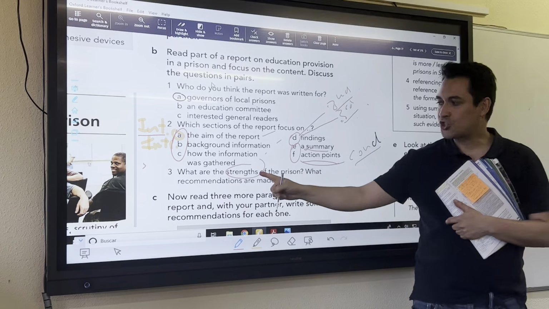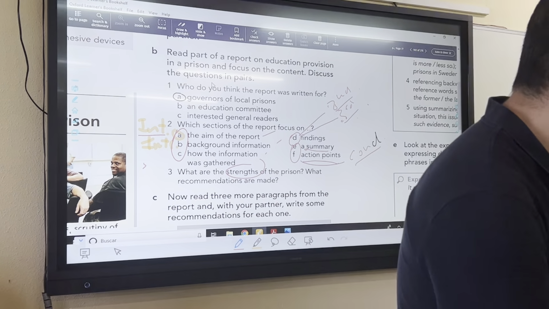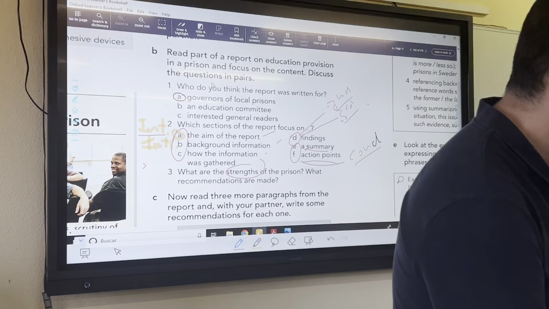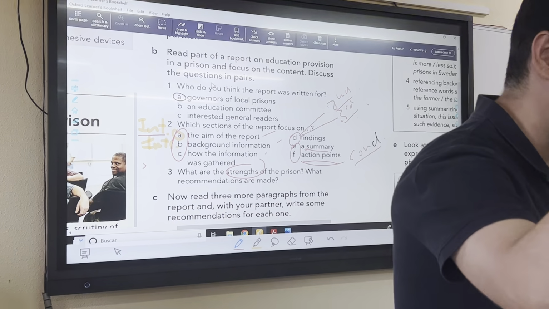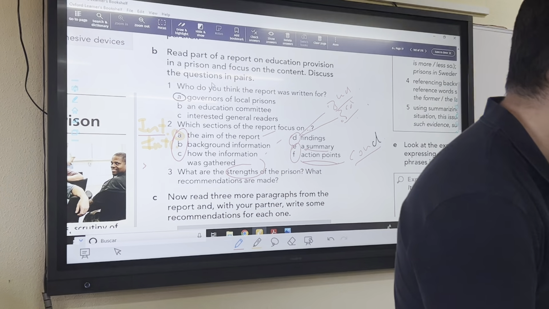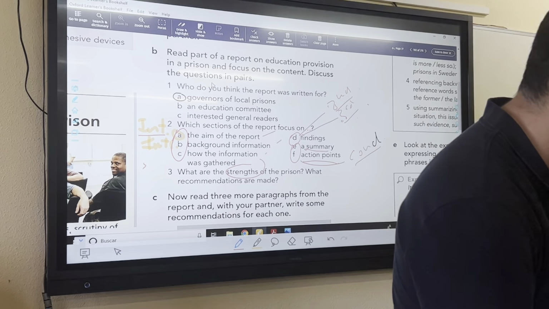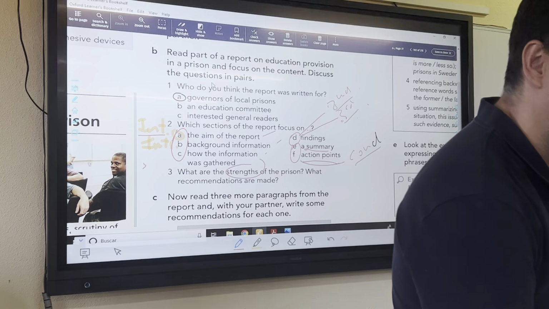strengths of the prison. It provides useful basic and vocational training. Very good. There is an adequate amount of vocational training, yeah, and provisions. Anything else, Rachel? There is a strength. No, we just said that. Okay. Any other strength?